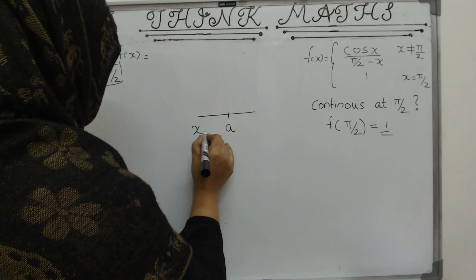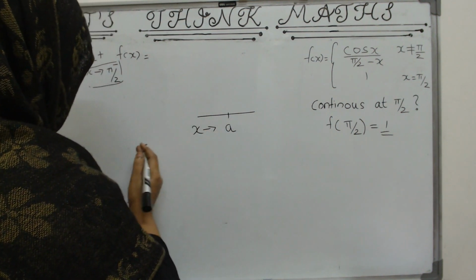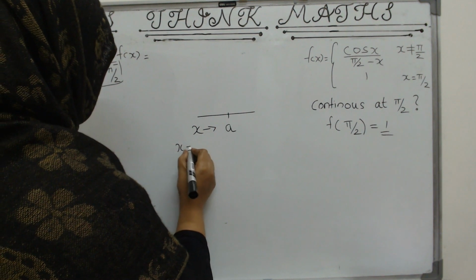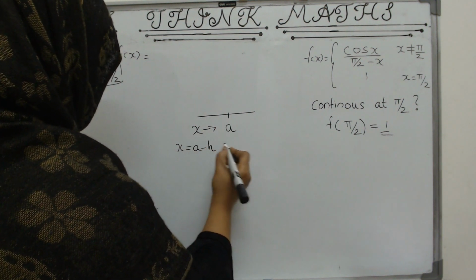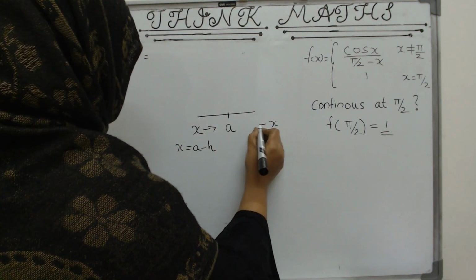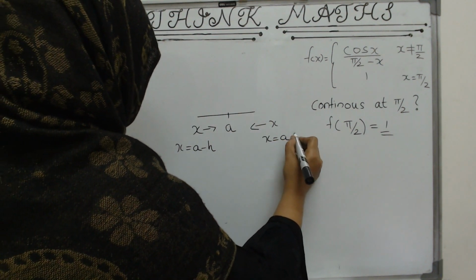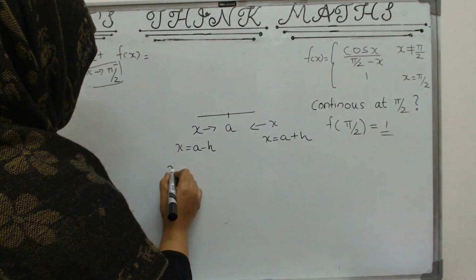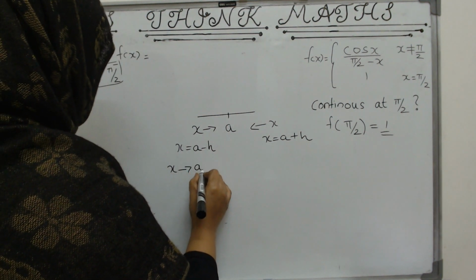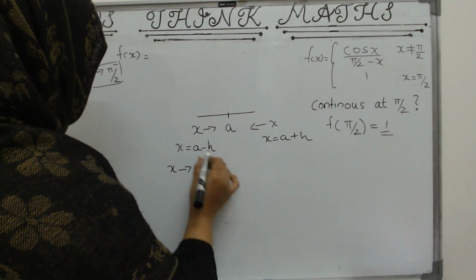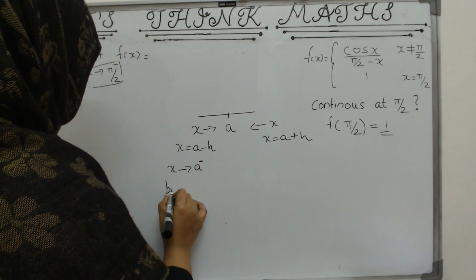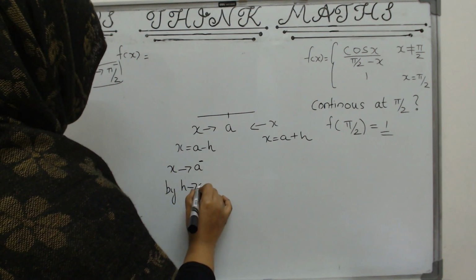Then for all the values less than a, instead of x, put a minus h. For all values greater than a, instead of x, put a plus h. So as x approaches a from the left, we can substitute this limit by h approaches 0.